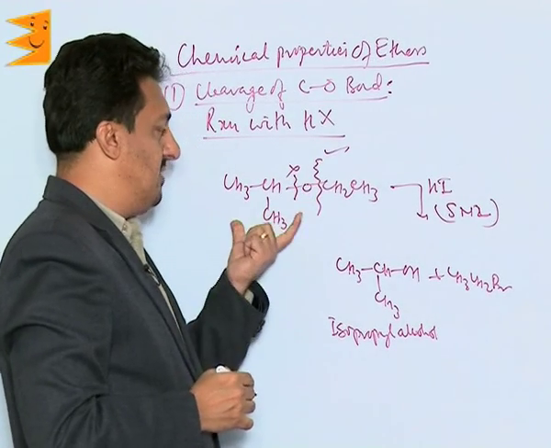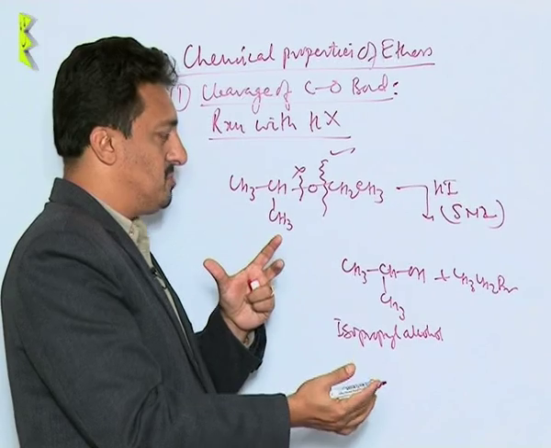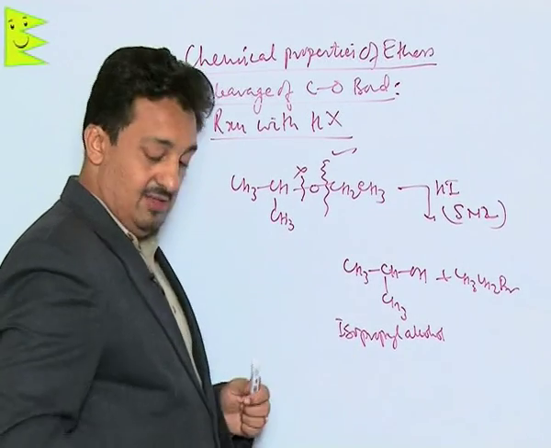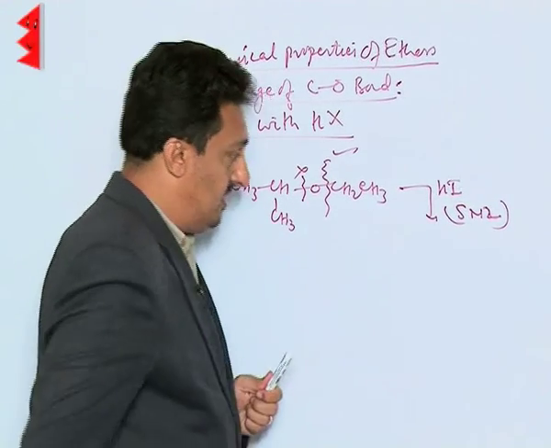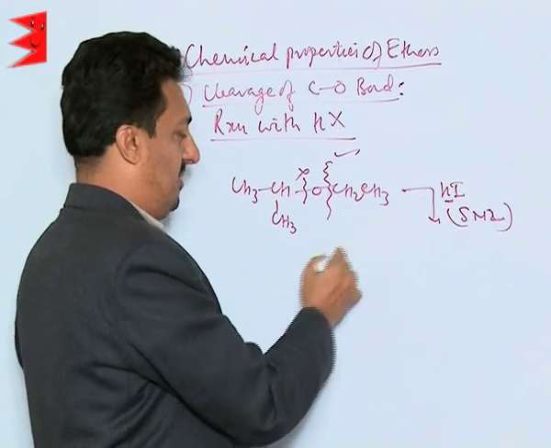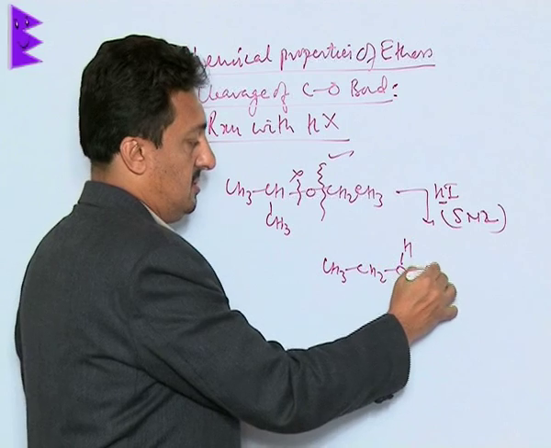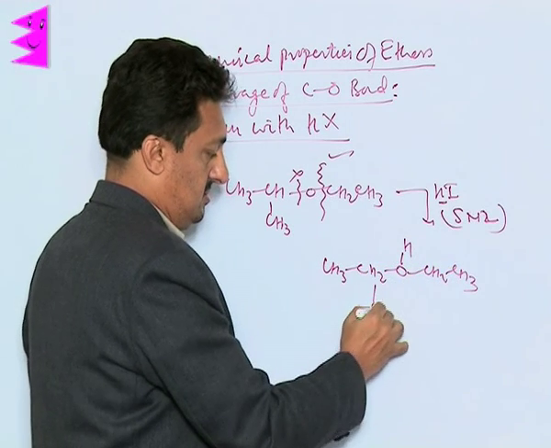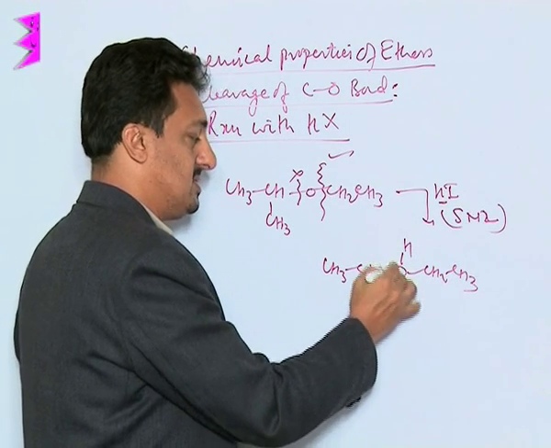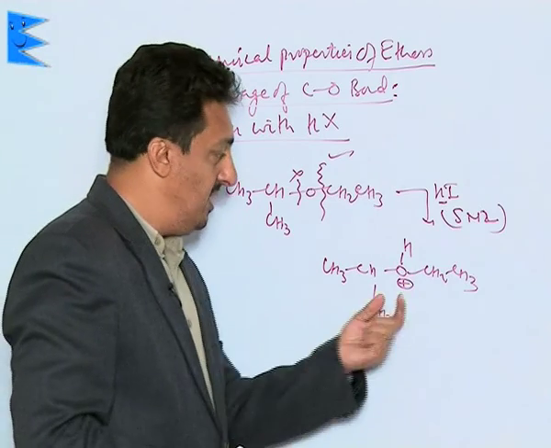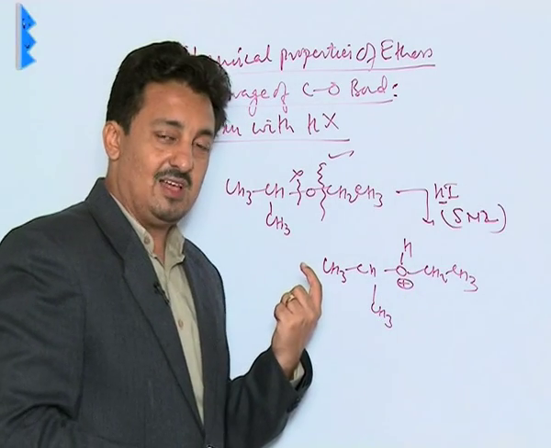Let me tell you the simple mechanism. The acid releases H plus ion, so protonation of this oxygen takes place. Now this oxygen acquires a positive charge. It has to withdraw electrons from one of the alkyl chains.